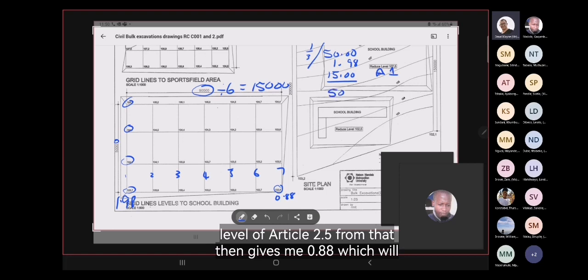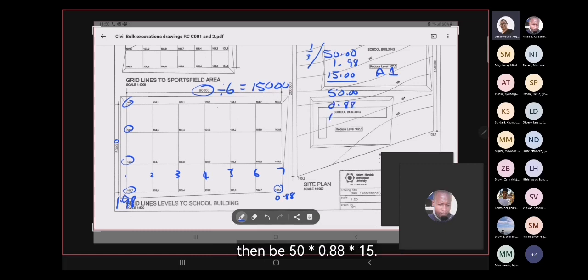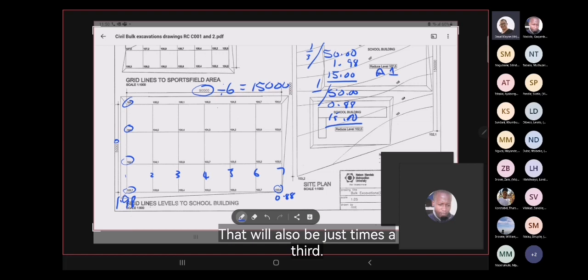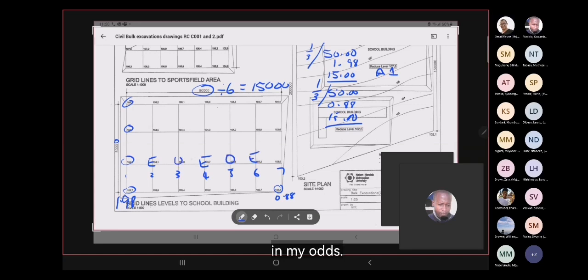That will then be 50 times 0.88 times 15, and that will also be times a third. My evens and my odds. Those will be multiplied by 4, and these will be multiplied by 2.